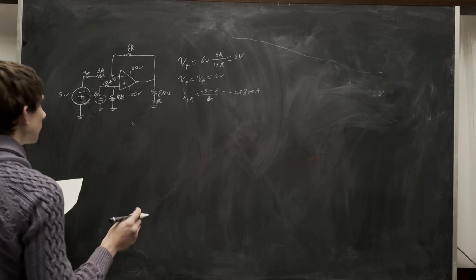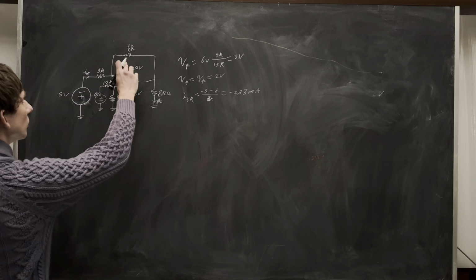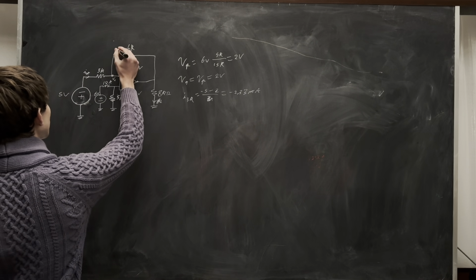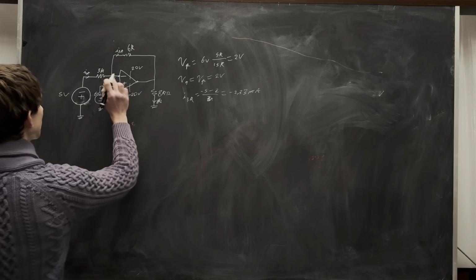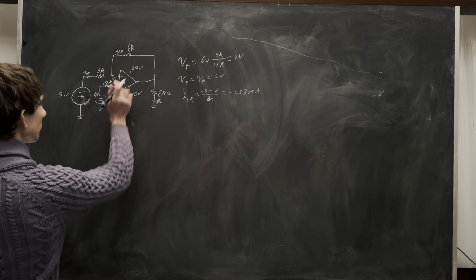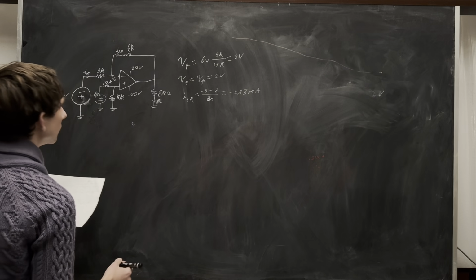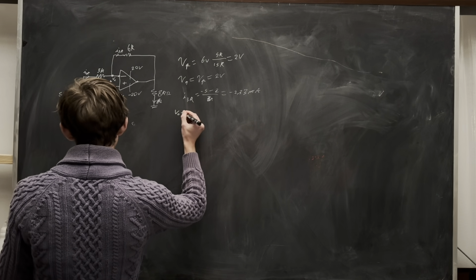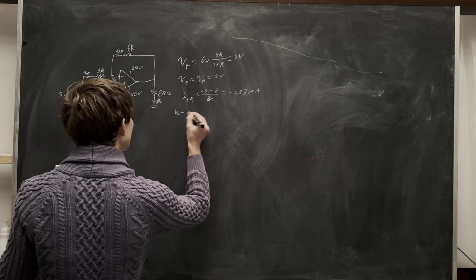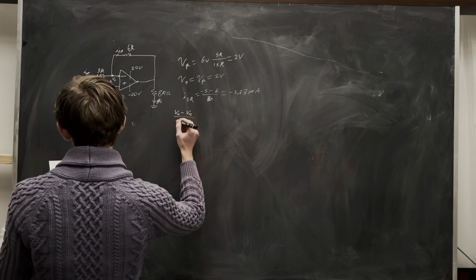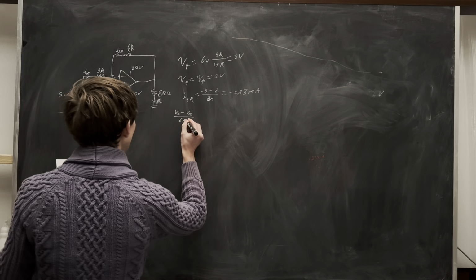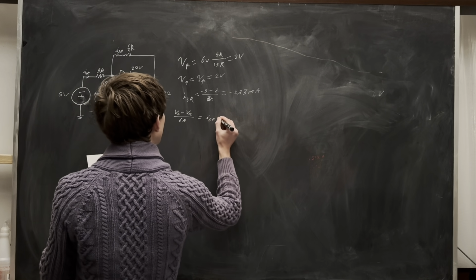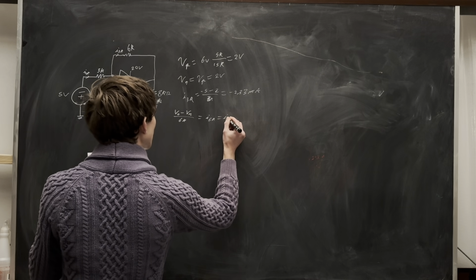From there, we know that the current going through this resistor is also I3K, again because there's no current going into the negative terminal of this op amp. So V out minus Vn over 6K is I6K, which we just said is the same as I3K.